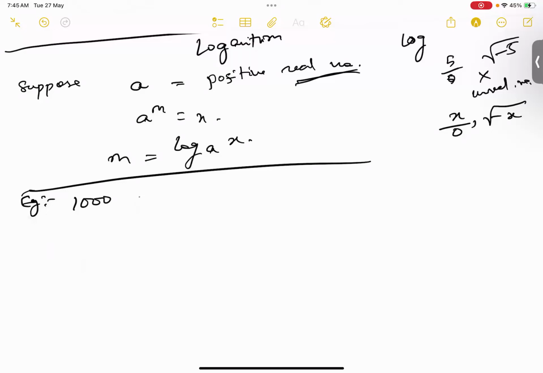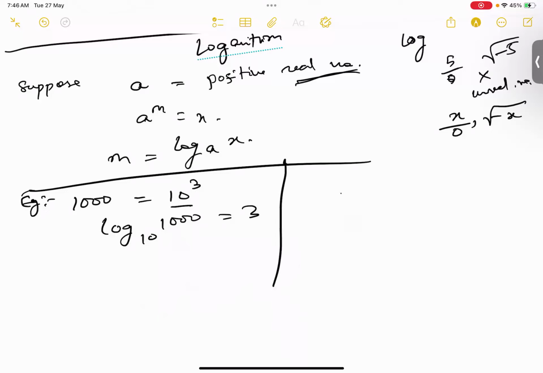Now we know that 1000 can be written as 10 to the power 3, right? So logarithm base 10 of 1000 will be equal to 3.